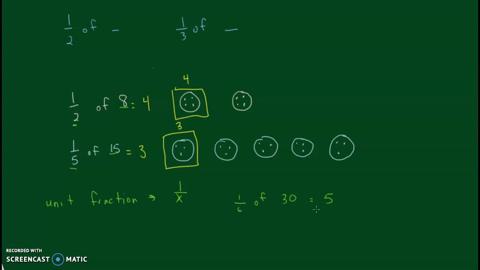So 1/6 of 30 equals 5. So again, when you're finding fractions of a number, you can draw a picture, or if it's a unit fraction, like the examples we did today, you can take that whole number divided by the denominator, and that will tell you what the fraction of the number is.